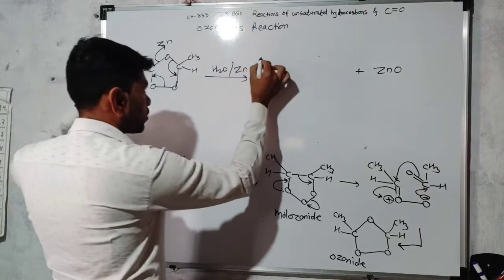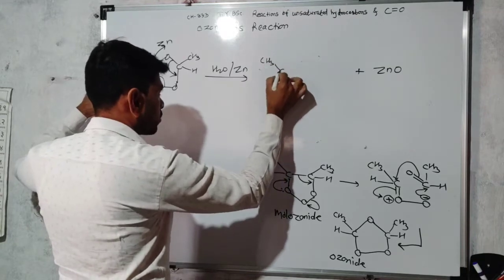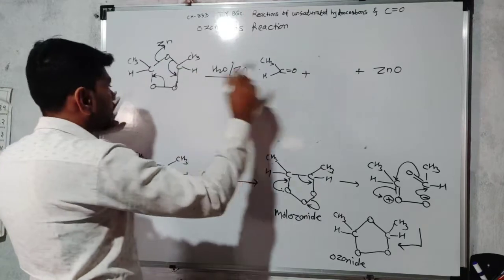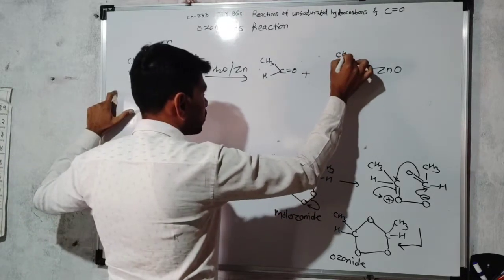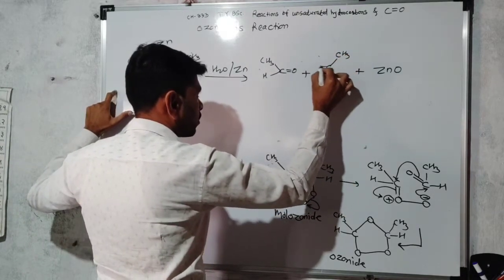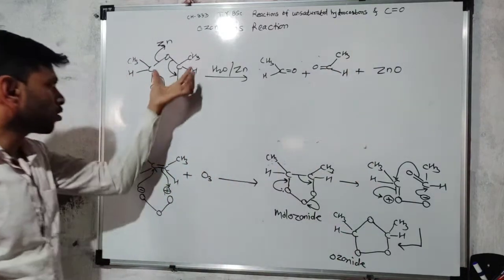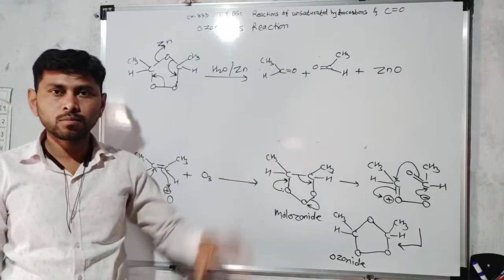So the first structure is CH3CH double bond O, plus on this side CH3C double bond OH. So we obtain these two aldehyde molecules.